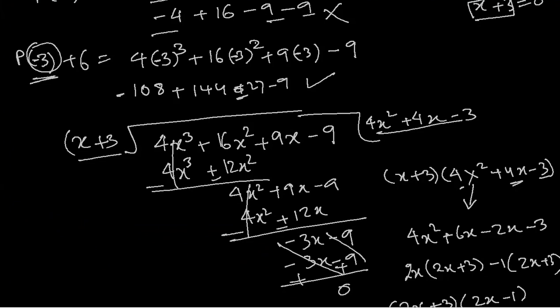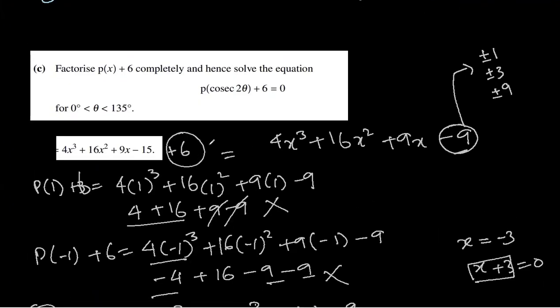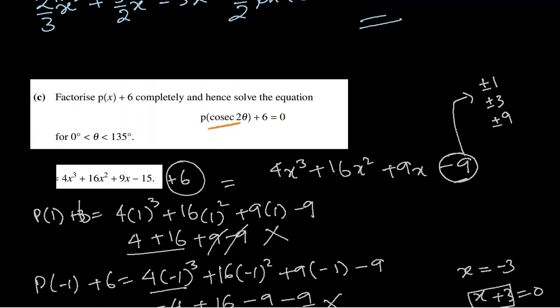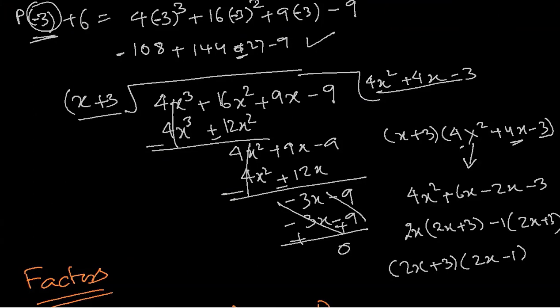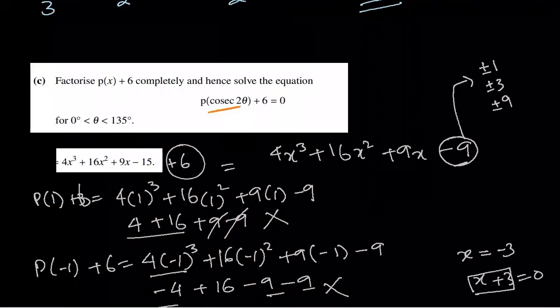They're also asking, hence, solve the equation P cosec 2 theta plus 6 equal to 0. That means each x will be replaced by cosec 2 theta.